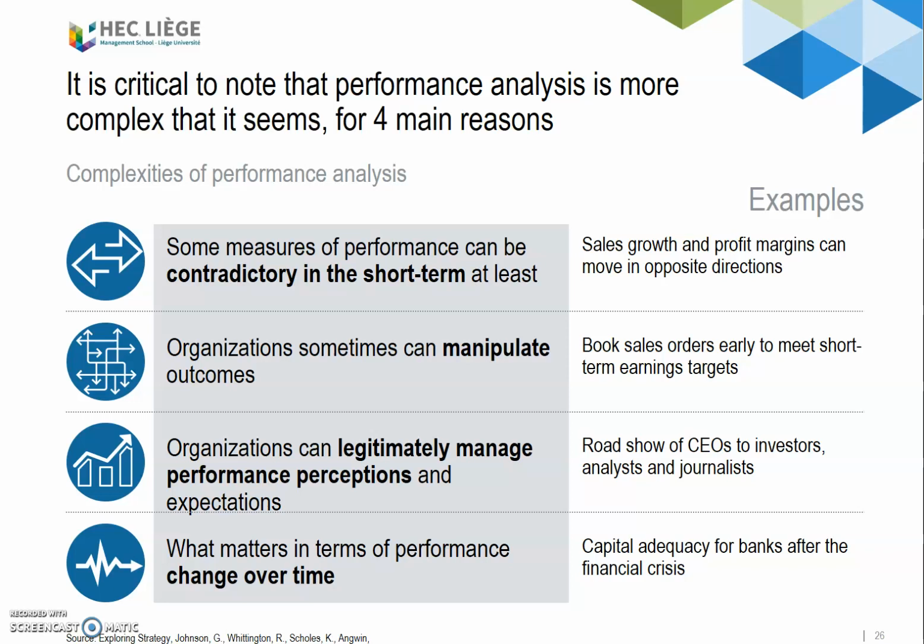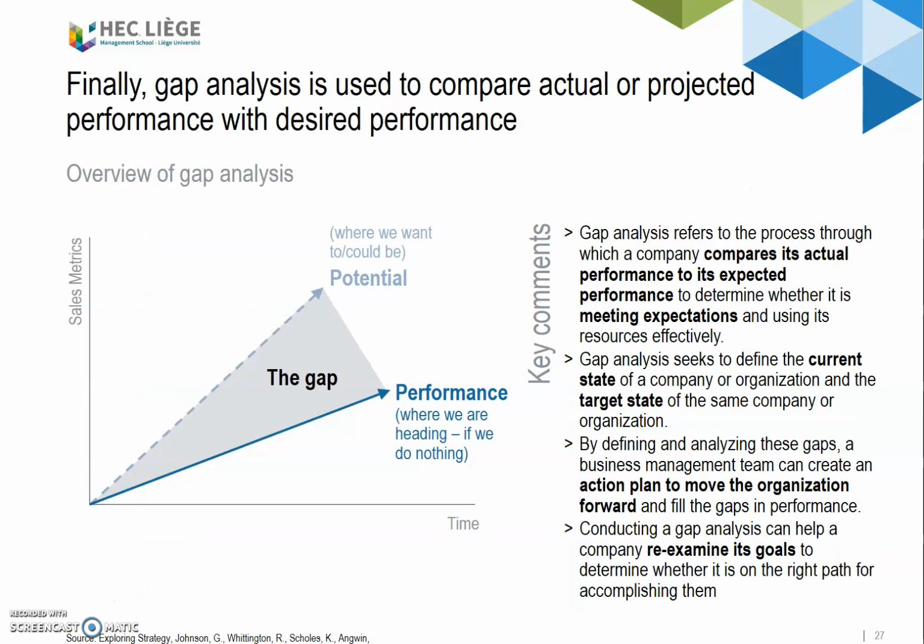You can also influence and manage the perception and the expectation of your stakeholders. And then what matters in terms of performance can change over time. One good example is probably the triple P that I highlighted just before. And the last point is, of course, you will measure your actual performance against where you want it to be, and there is potentially a gap that you need to close over time.